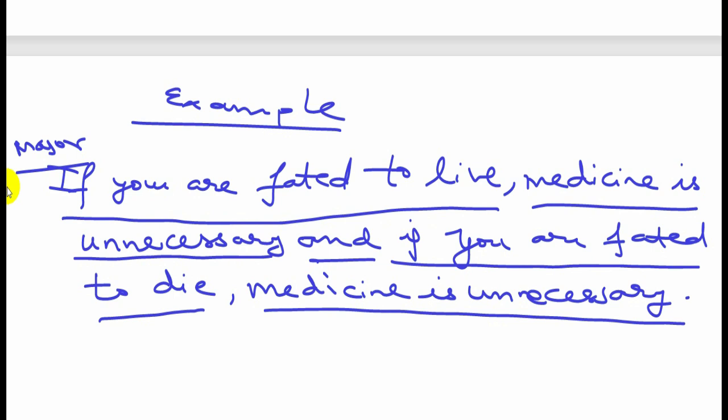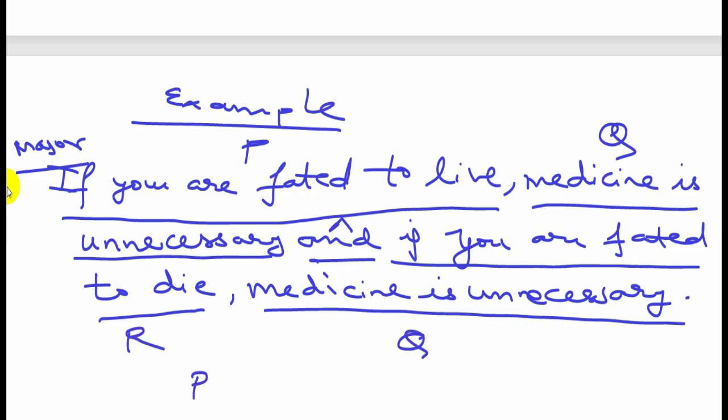So, if you are fated to live, this is P. Medicine is unnecessary, this is Q. And this is the and symbol. If you are fated to die, this is R. Medicine is unnecessary, this is Q again.